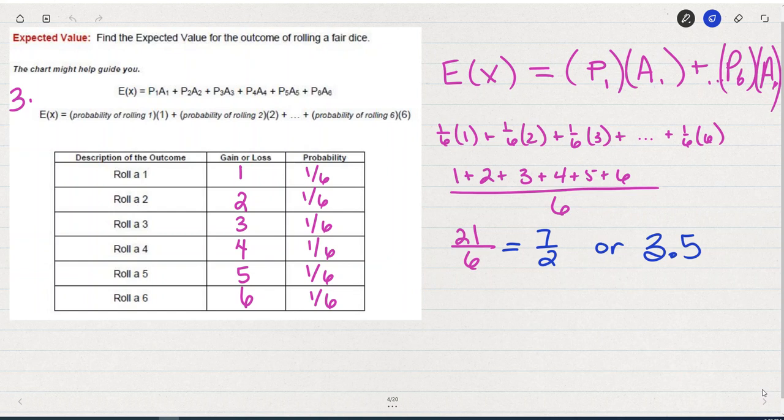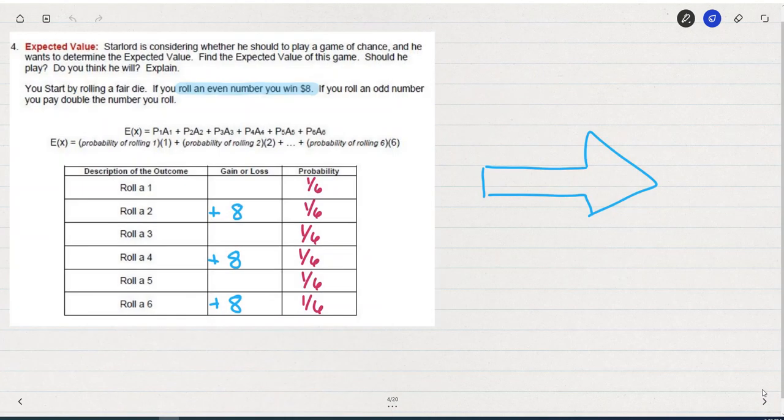Let's look at example number 4. We've got the same six-sided die, but now we've got a game where it doesn't say anything about playing or paying to play. So how much you win or lose is the actual gain or loss.